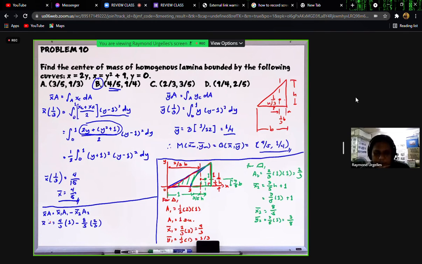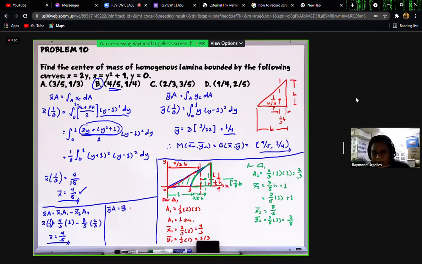Tapos ang area naman nito ay 2/3, no? Tapos again, this is x bar times 1/3. So, let's try to solve for x bar here. Okay? So, pag sinolve natin si x bar, we have 4/3 minus 8/5 times 2/3, then that's times 3. Diba? So, you will get 4/5. So, as you can see, pareho lang siya nung na-solve natin dito.